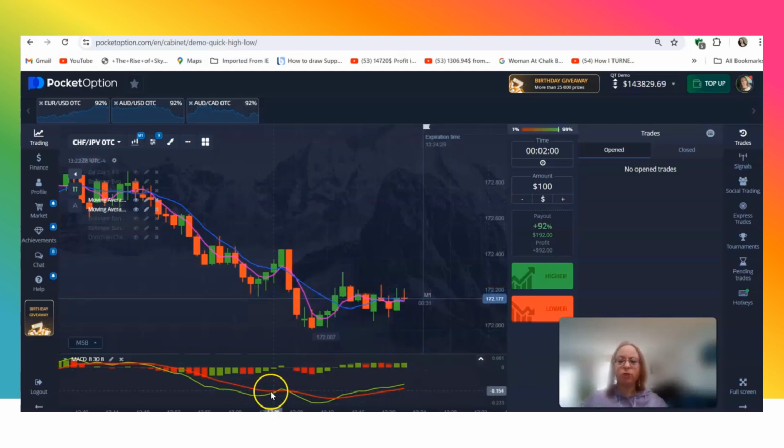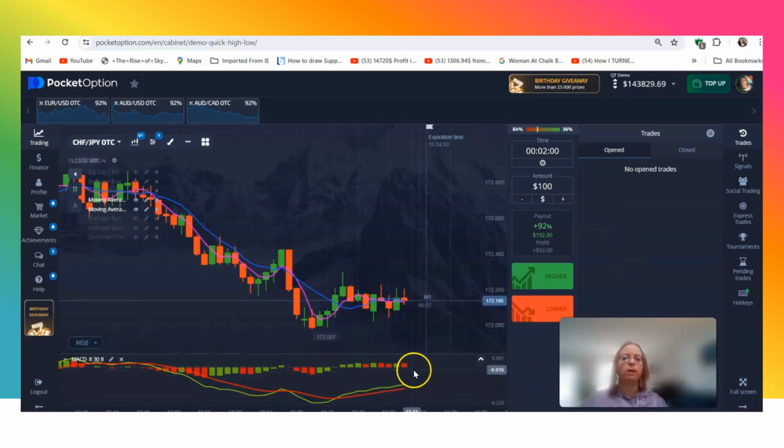With the MACD, what you're doing is you're looking for basically the same thing as you're looking for in the moving averages, as you're looking for the lines to cross at the same time. Also with the MACD, you have this line that says 0 here, and that's kind of like your middle line for your price. You can see that this pair here is consolidating at the moment.